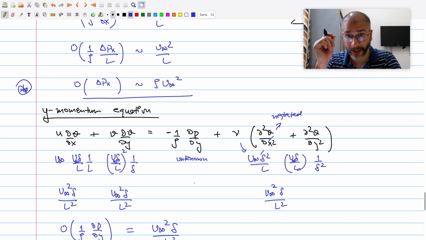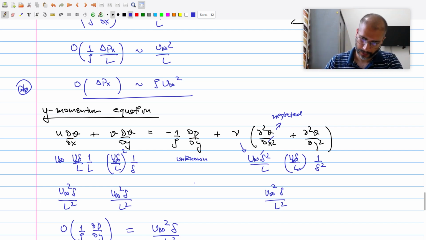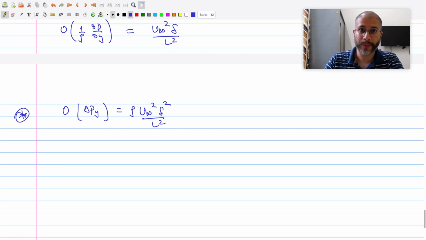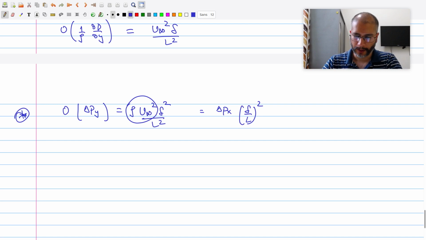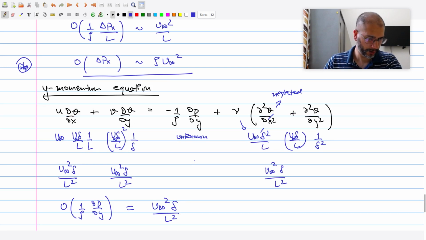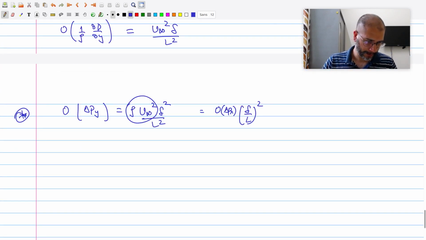The order of delta p x, that is the change in the pressure in the x direction, was rho u infinity squared, and the order of delta p in the y direction, that is along the boundary layer thickness delta, is delta p x times delta by L squared. So the order of delta p y is the order of delta p x times delta by L squared.